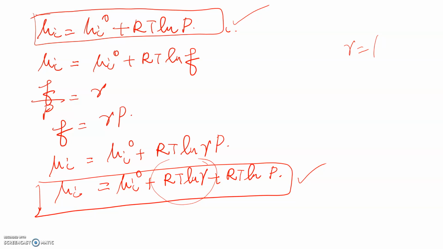Okay, so for ideal gases where there is no interaction between the gases, mu i is mu i0 plus RT ln P. In order to account for the interaction between the gas molecules, we have to introduce the term RT ln gamma, where gamma is the fugacity coefficient. Thus, by introducing gamma, we can account for the van der Waals interactions that arise in real gases.